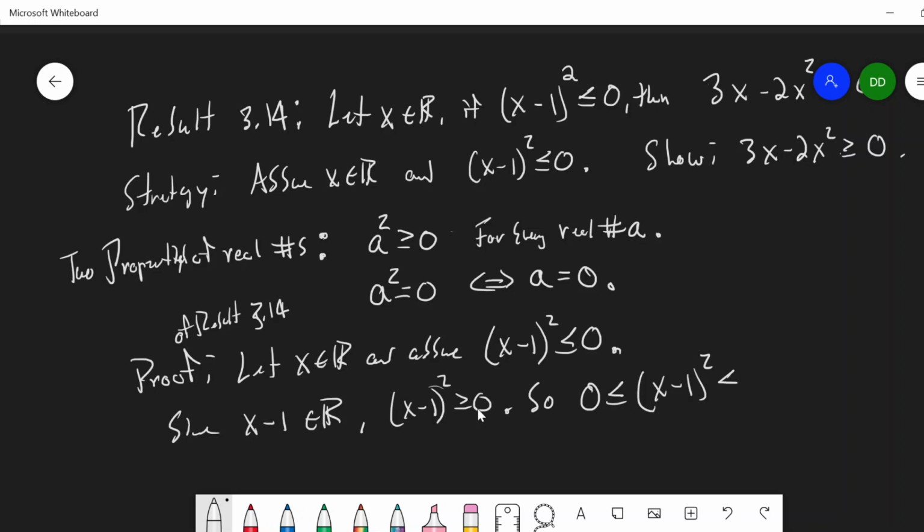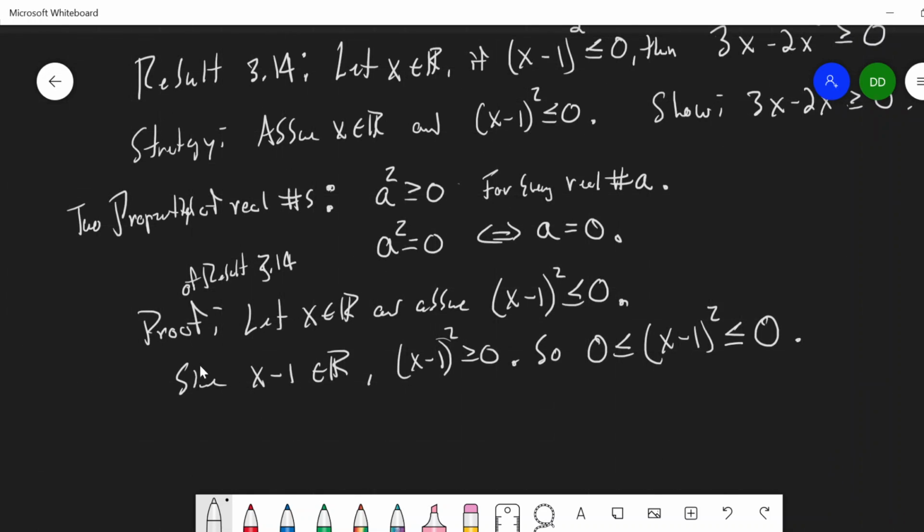By assumption, x minus 1 squared is also less than or equal to 0. That's by this assumption. So what does this mean? That means x minus 1 squared has to be equal to 0.